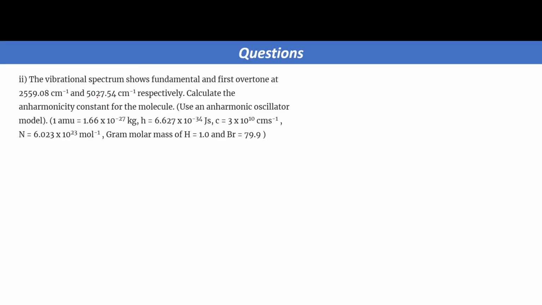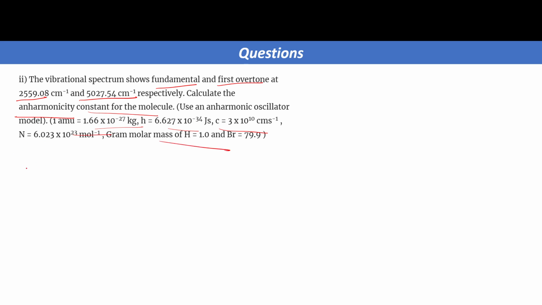Now we will solve the next question. A vibrational spectrum shows the fundamental and the first overtone at 2559.08 centimeter inverse and 5027.54 centimeter inverse. We have to calculate the anharmonicity constant for the molecule, and these values are given.